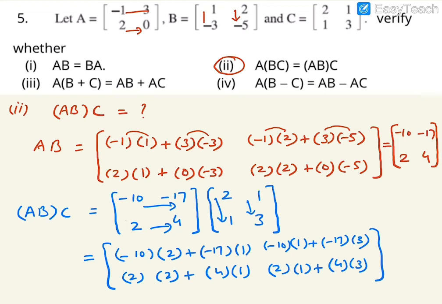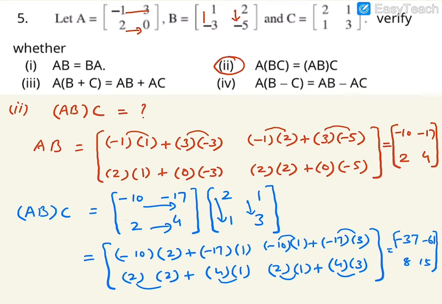Minus 20 and minus 17 will be minus 37. Minus 10 and minus 51 will be minus 61. 2 times 2, 4. 4 plus 4 will be 8. 2 plus 12 will be 14.